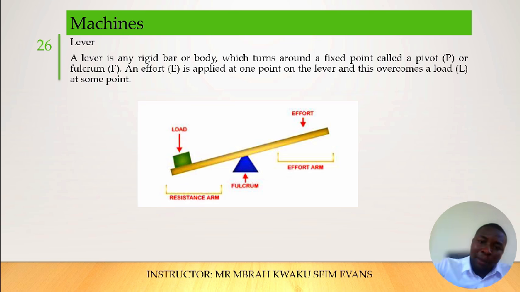And where you apply the force is the effort. So the effort is the force you apply to overcome a load. And what you want to overcome becomes your load. So in a lever, there are 3 basic terms: load, effort, and pivot.